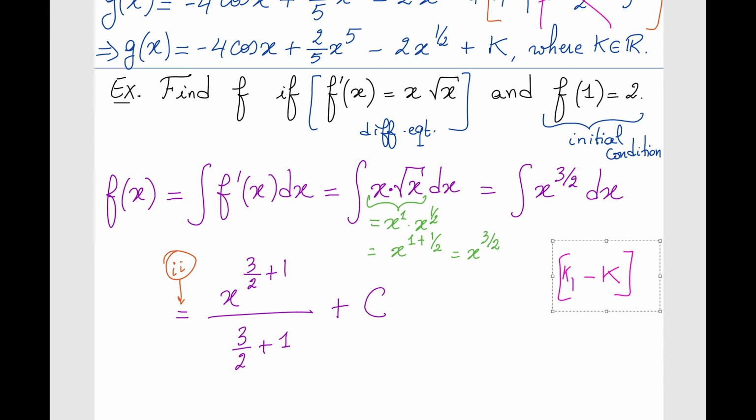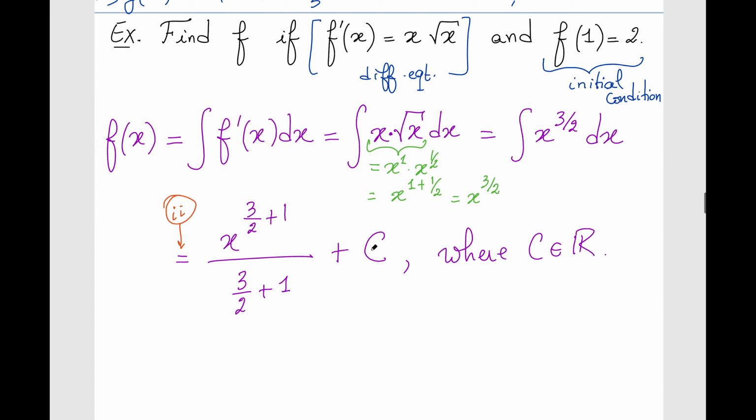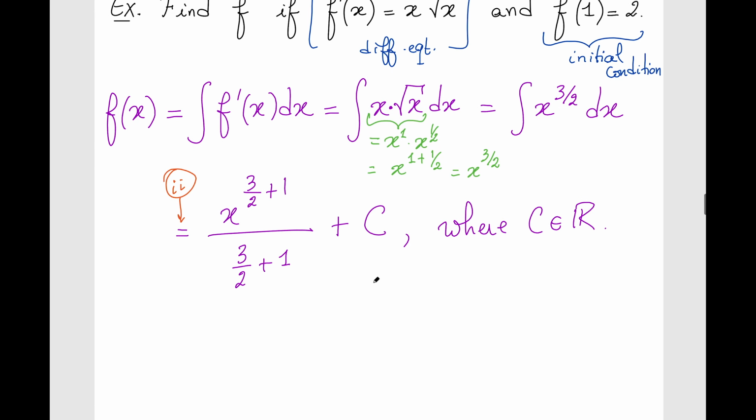Just to have a better representation, because these constants look ugly, just to keep it neat, we call this sum of constants just one constant c, and it remains arbitrary. It makes up for k1 and k. All right, so we get this, and then what?